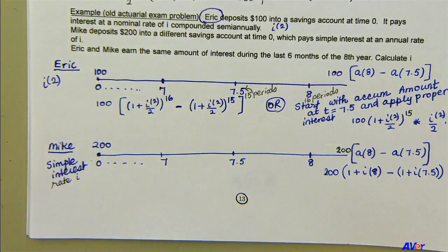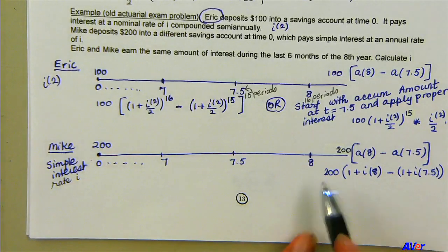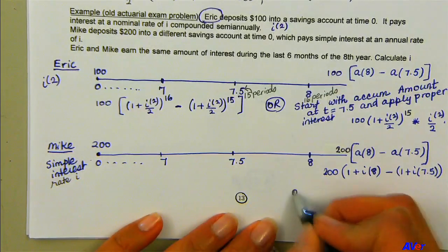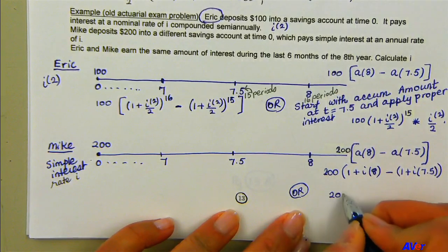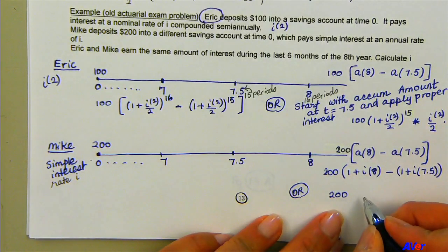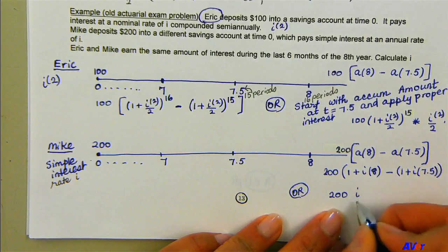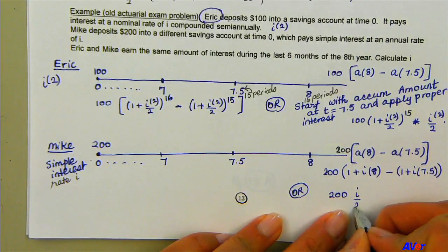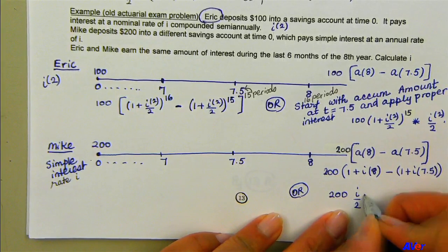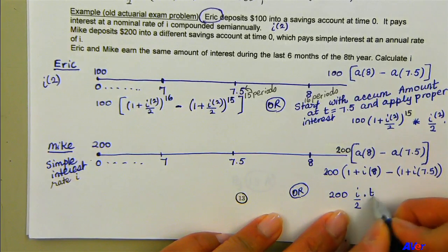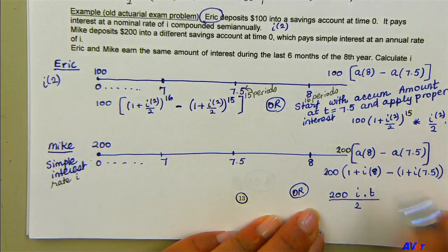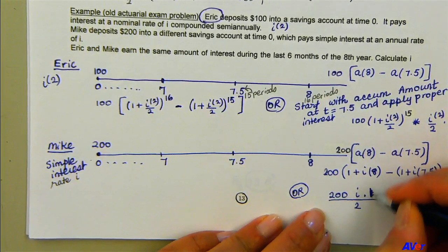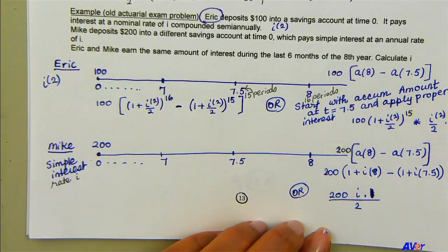So instead of all this, I could have cut to the chase, and just say 200 times I times 1 over 2. Half a year, he's going to make half as much interest.